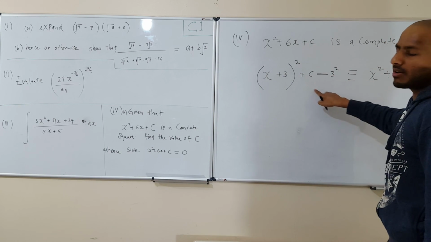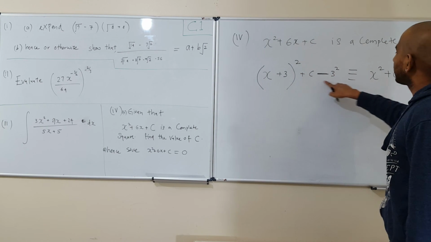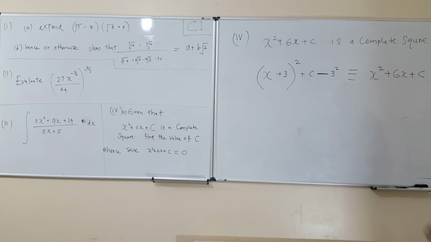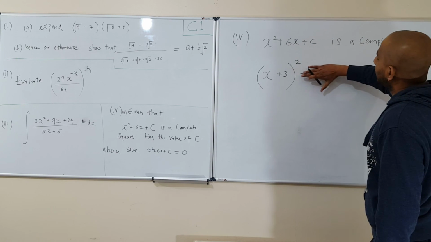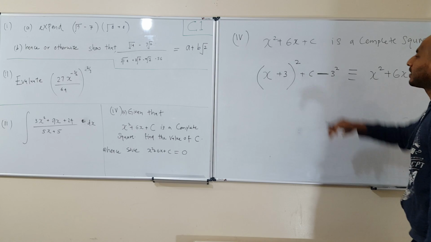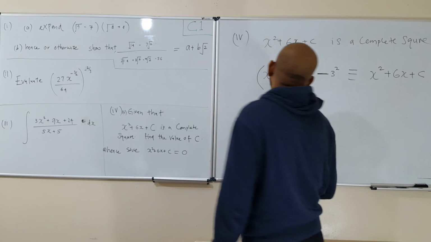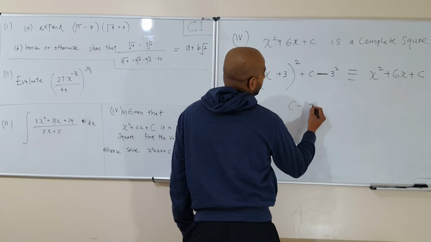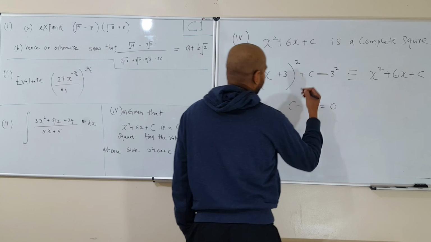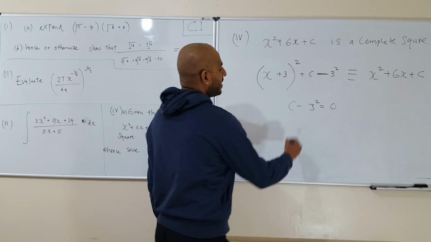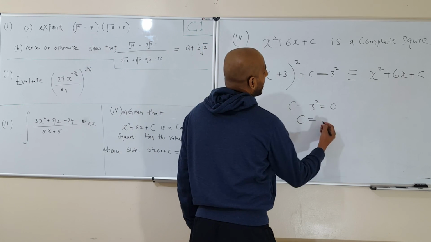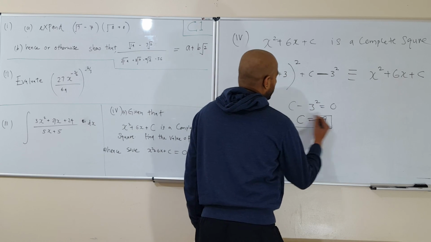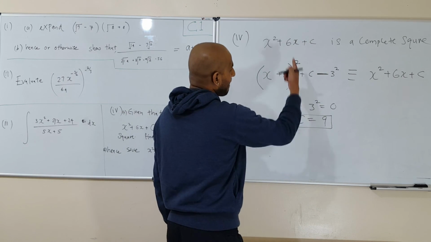This must be equal to 0. Isn't it? That's the only way we can write this one like that. See, that must vanish. So we're going to make it vanish. There you go. So what is c equal to then? C equals 3 squared, which is 9. So when c is 9, it's a complete square.